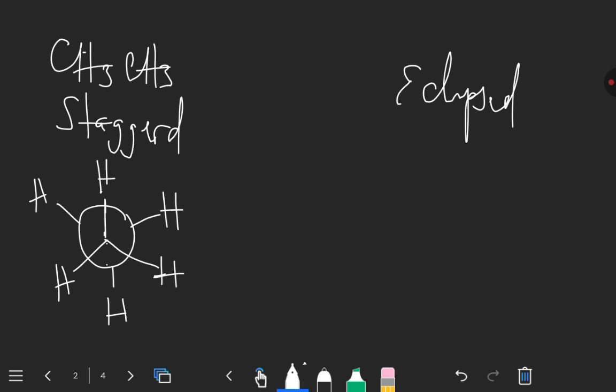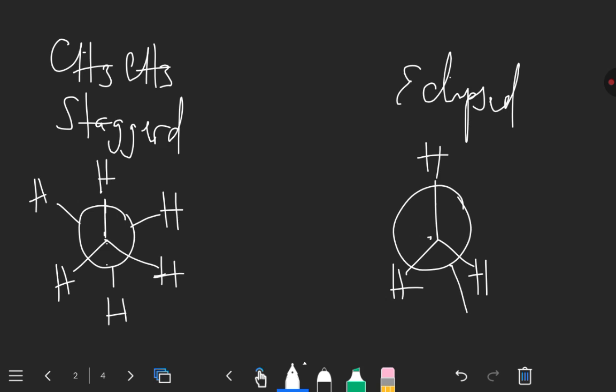configuration, but I can now draw an eclipse configuration here. So for eclipse, I'll start the same. Okay, so now for eclipse, the adjacent groups must be close to each other.